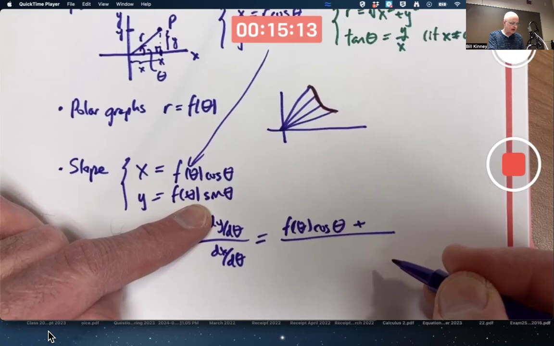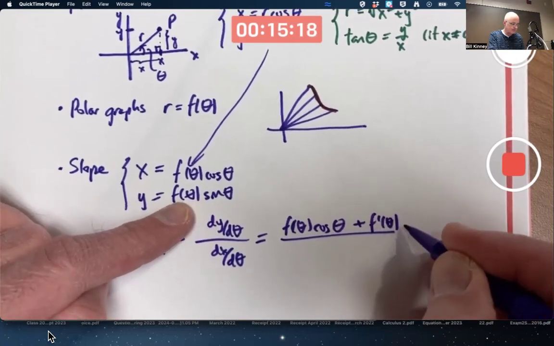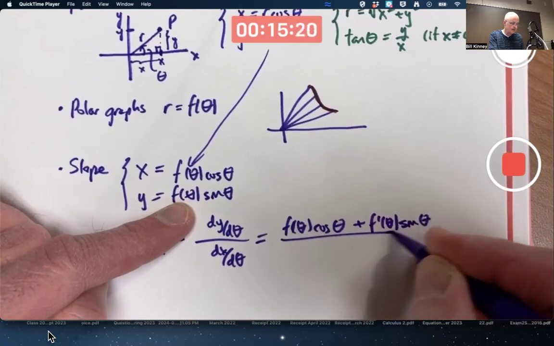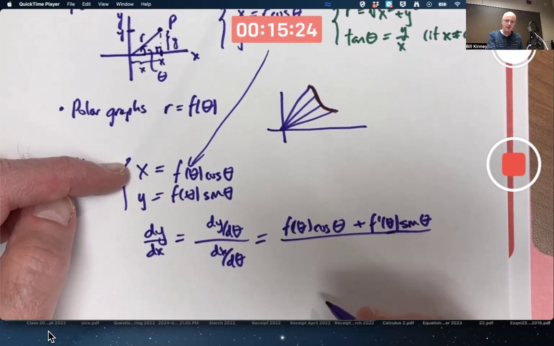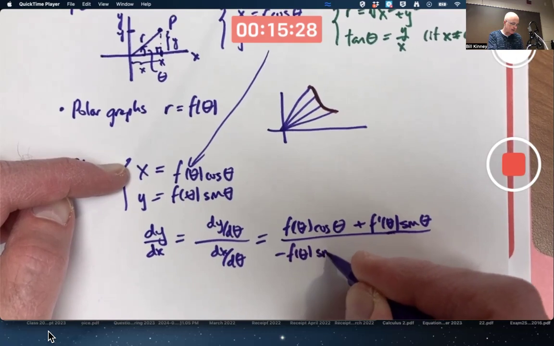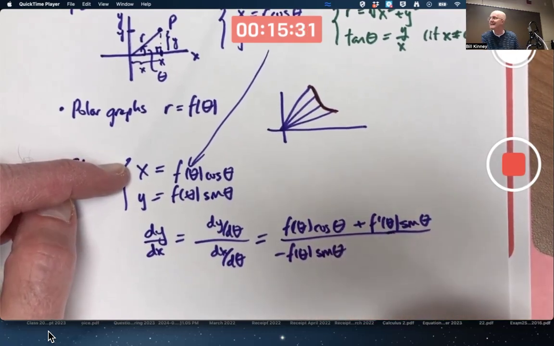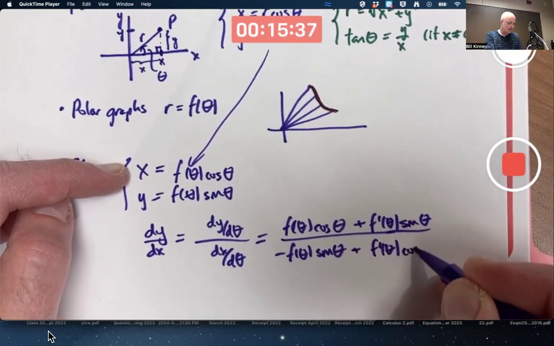That's left d right plus right sine theta. D left is the derivative of the function. For the bottom of this fraction, dx d theta, left d right becomes negative f of theta sine theta, because the derivative of cosine is negative sine. And then plus f prime of theta cos theta.